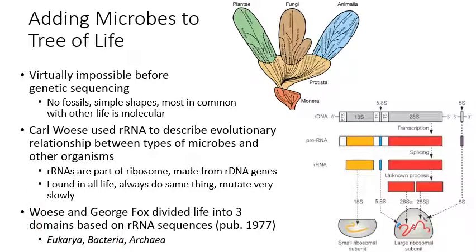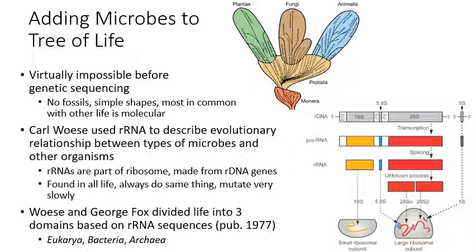So Carl Woese sequenced the rDNA for all these different species, and he worked with a colleague, George Fox, to analyze those different sequences and categorize life based on similarities in those sequences. They ended up finding 3 basic patterns for rDNA sequences and divided life into 3 different domains on that basis.